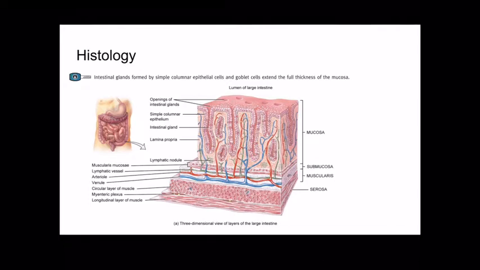But here's a question. We looked at the small intestine, and we noticed that inside every villus there was a capillary bed, and that capillary bed was receiving our water-soluble nutrients. And we also found inside every villus was a lymph lacteal, or a lymph capillary, and that was receiving the fatty nutrients.